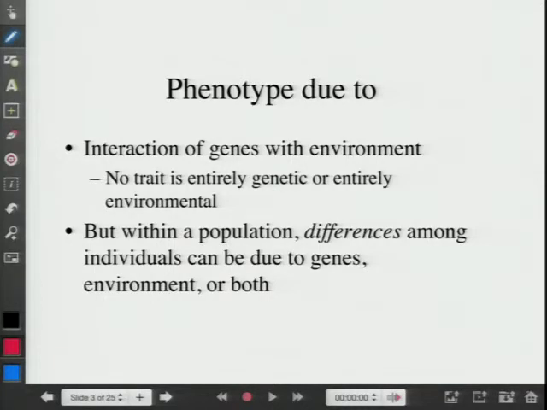So the phenotypes that are expressed in organisms, you shouldn't be thinking of them as entirely genetic or entirely environmental. Essentially all traits have some combination of the variation in that trait being due to genetic variation and the variation being due to environmental variation. It's both is what I'm trying to say.